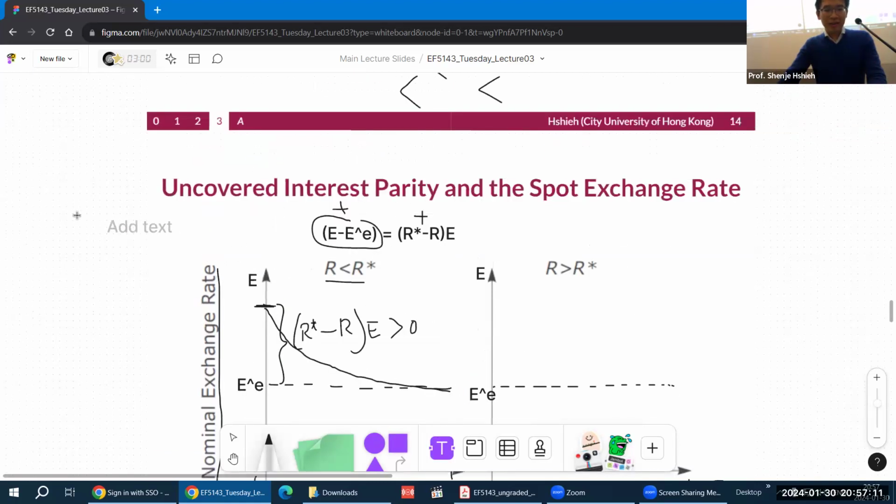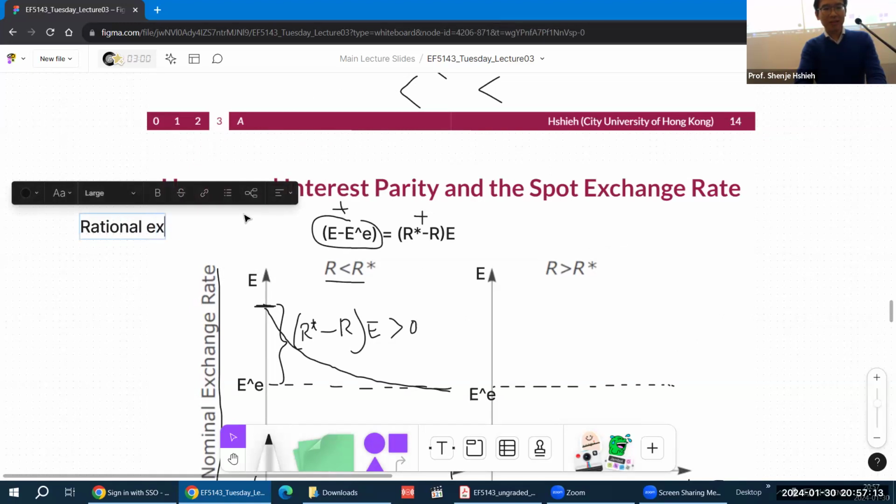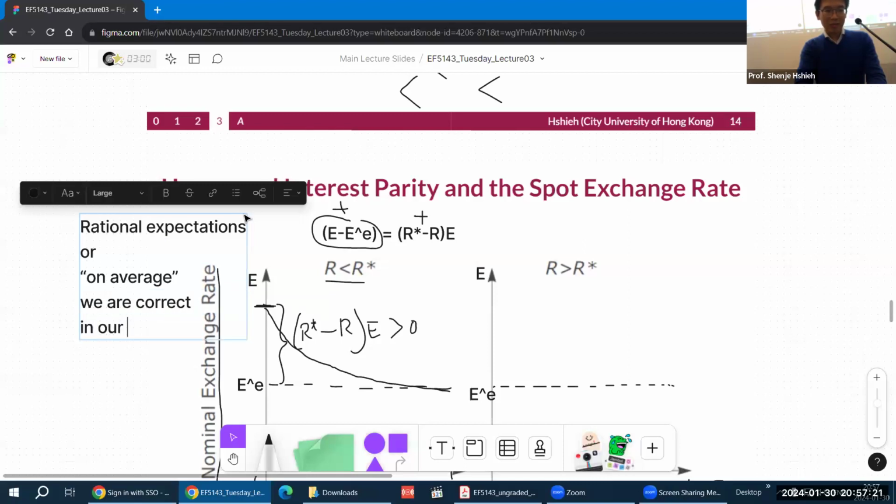This is what I mean by rational expectations, or that on average we are correct in our beliefs about future E, which is E prime.